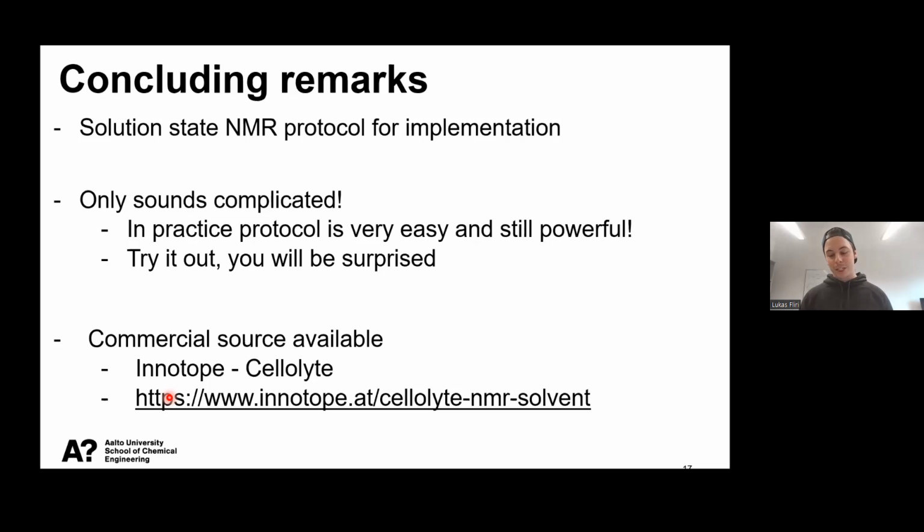However, I want to really tell everybody who is interested in using it that this protocol in practice is really not that complicated. You also don't need to know that much about NMR or ionic liquids to successfully use this protocol. If you're interested in it, I really just want to say, try it out, and you will be surprised how easy it is in practice.